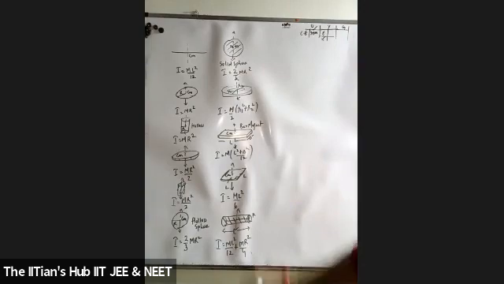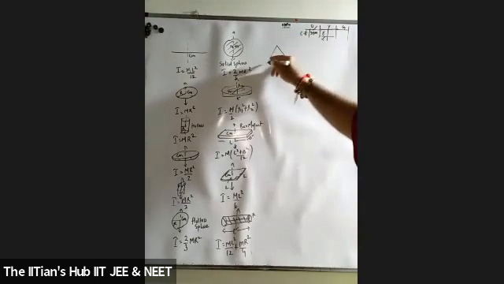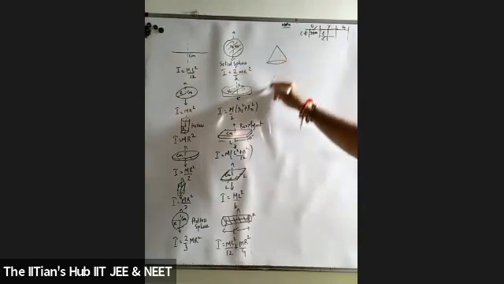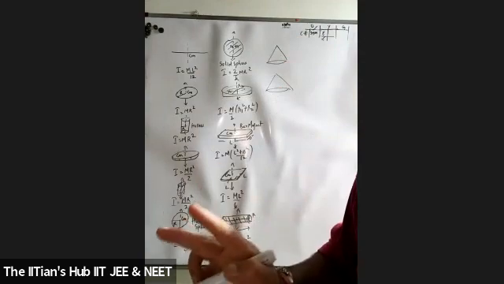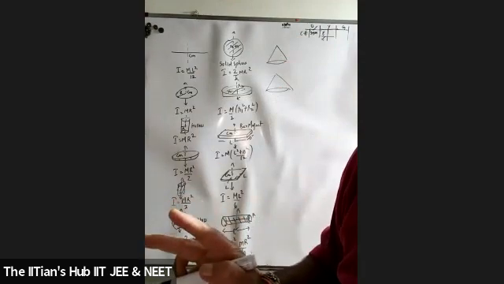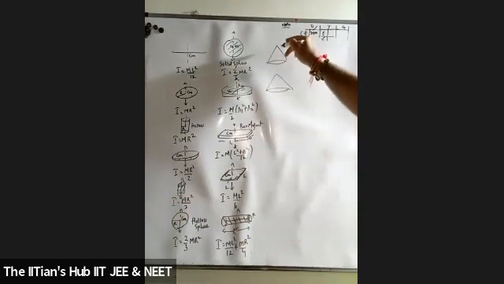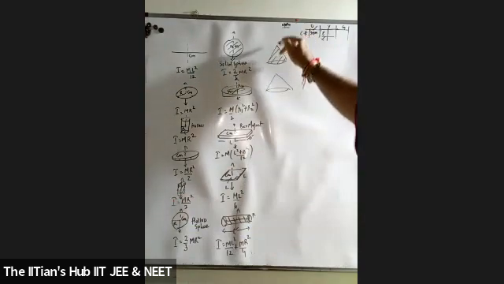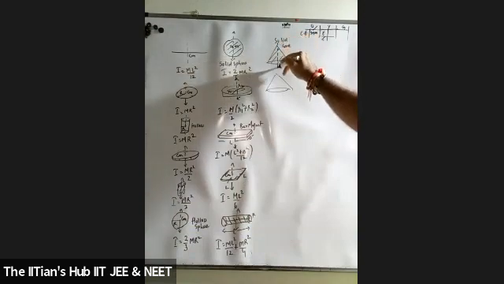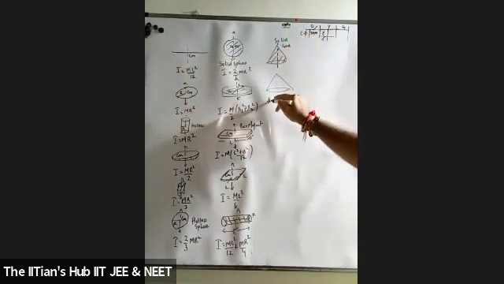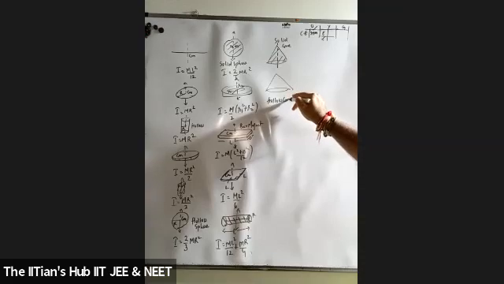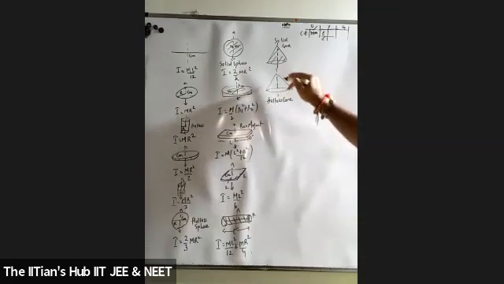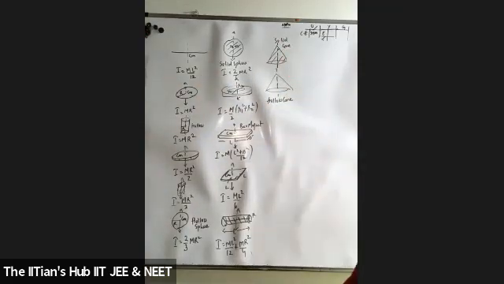If I go for two cones, students, a uniform solid cone and a uniform hollow cone, suppose I take this as a solid cone about its central axis, and this as a hollow cone about its central axis. What is the moment of inertia about the central axis?